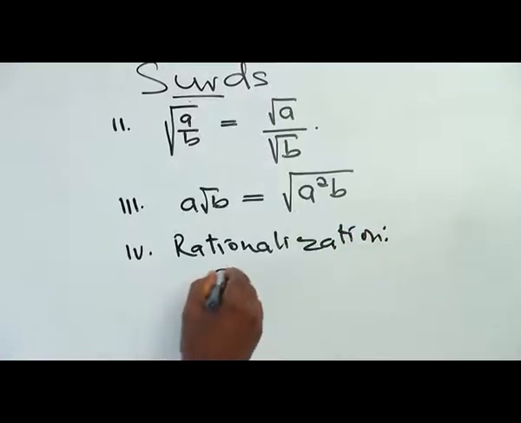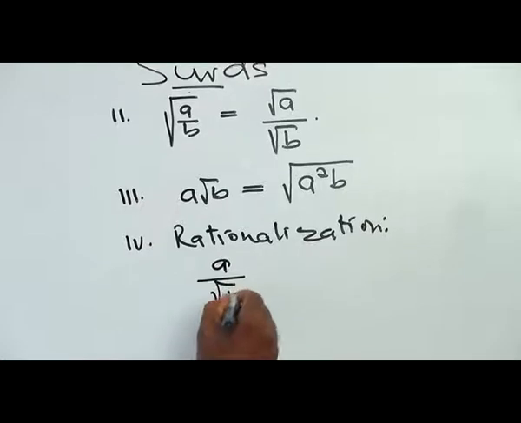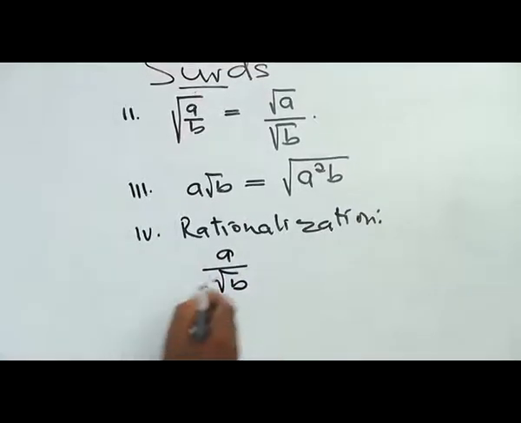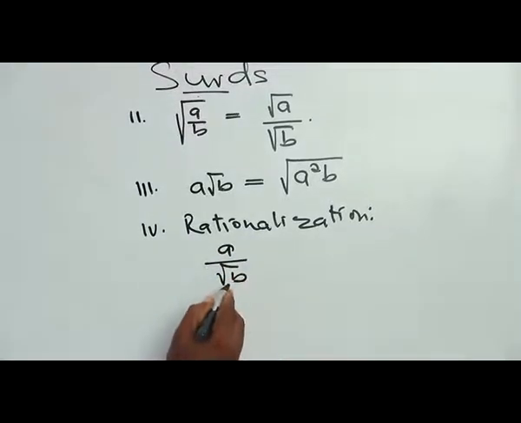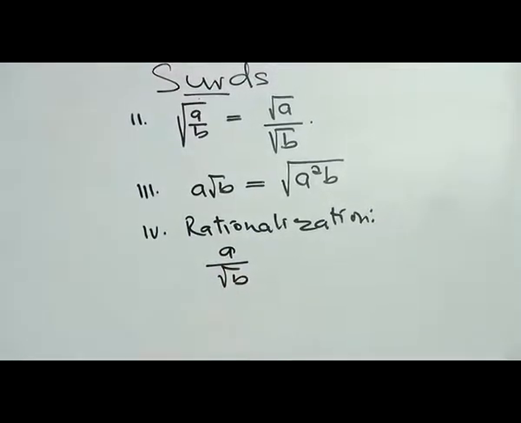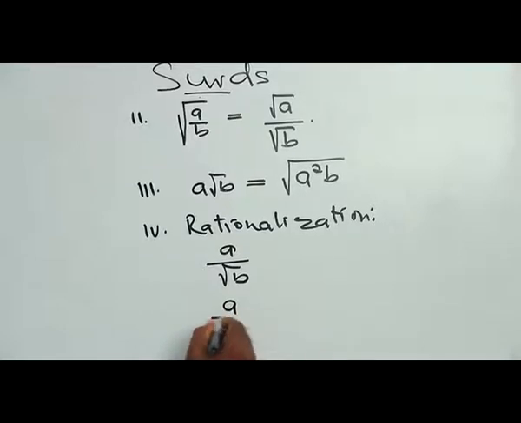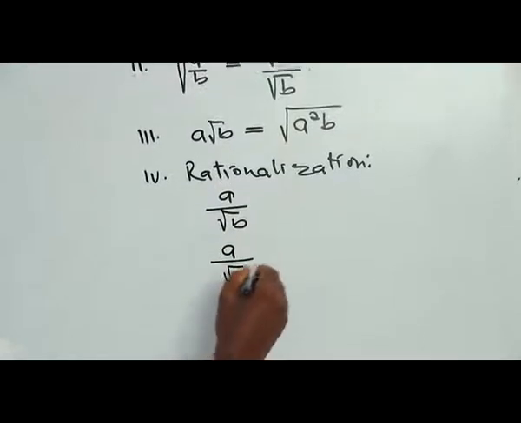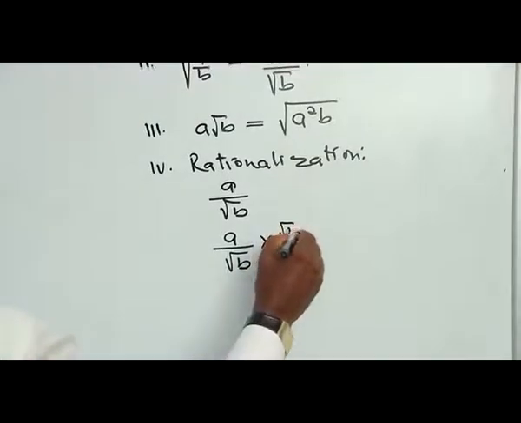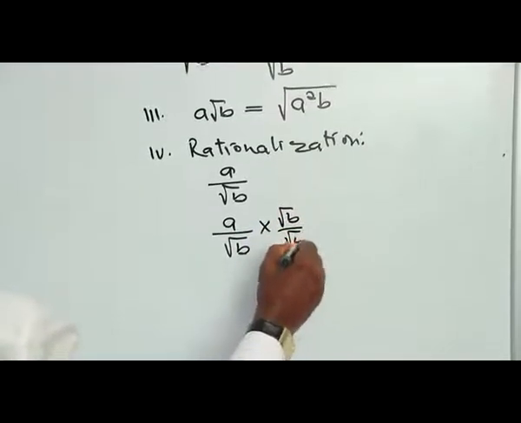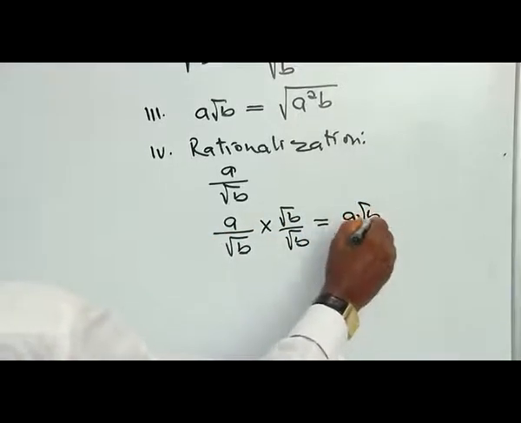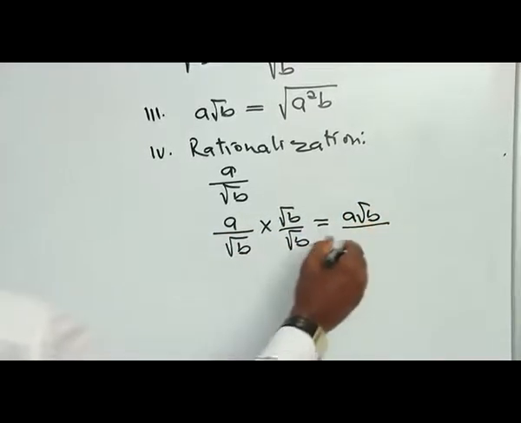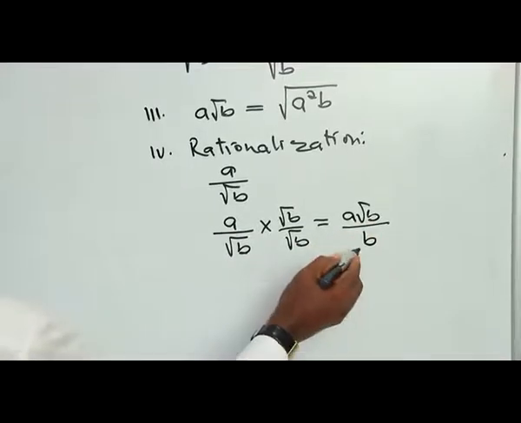If you are given A all over root B, you can rationalize this by multiplying the denominator and the numerator by the square root of B. That is A all over root B times root B all over root B. In this case, the numerator becomes A root B and the denominator becomes B. You have rationalized the denominator, you have made it a rational number.